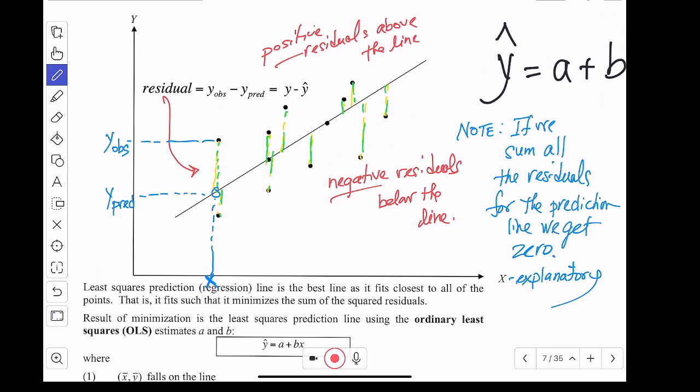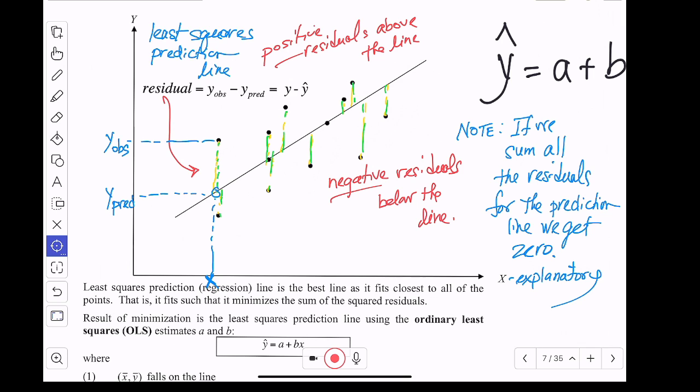That's why we call it the least squares prediction line, because it's the best line as it fits closest to all of the points. It fits such that it minimizes the sum of the squared residuals.